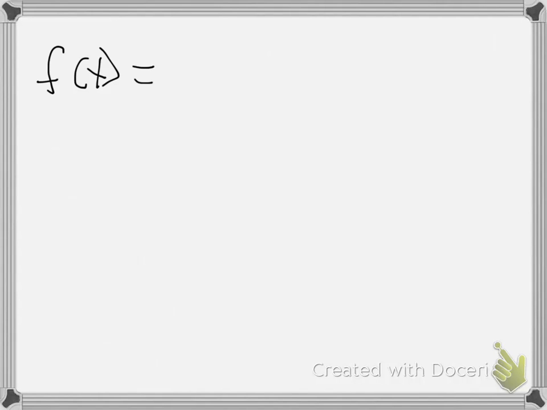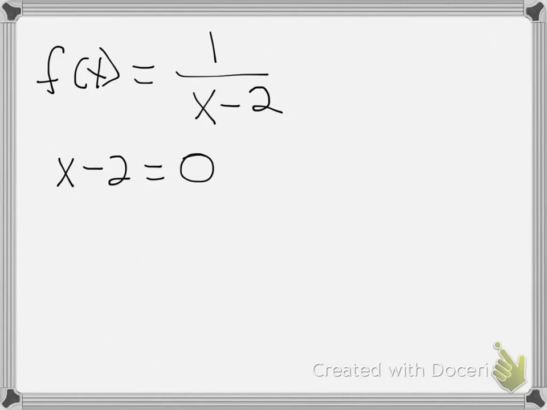Nice, simple little rational function. 1 over x minus 2. Now, if I think about this, if I said x minus 2 equals 0, I get x equals 2. So that tells me I have some sort of discontinuity at x equals 2, because that'll give me division by 0.